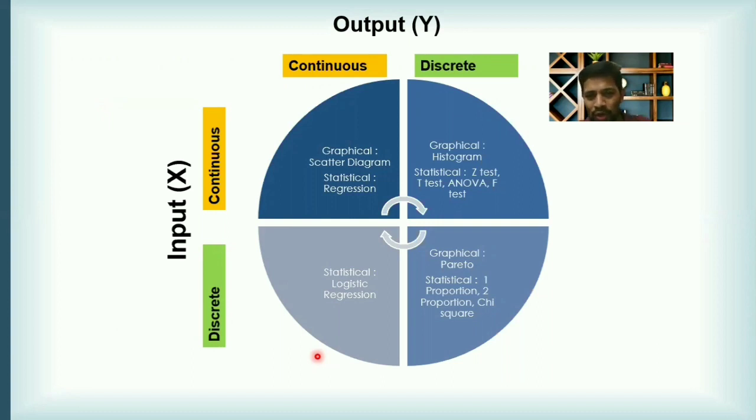This is a very important element in hypothesis testing. In Minitab language, the input side is called X. If on the x-axis you have continuous data, meaning variable data, and on the y-axis you also have variable data, so both axes are variables, you can use a scatter diagram. You can also do it statistically, with a regression equation and all that.